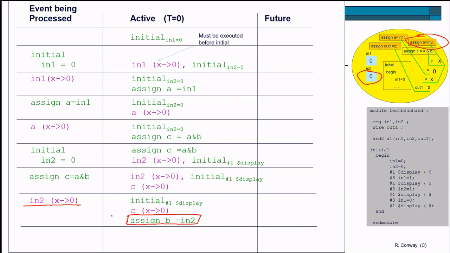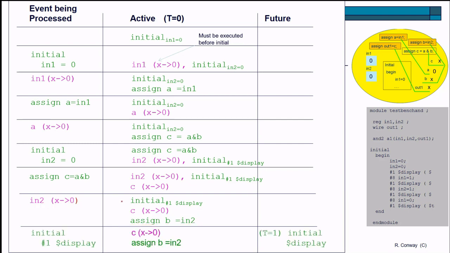And at this point now we have three events. Each is on its own line, which means any one of those can be picked. There's no order associated with these three events. So let's say we take the first event, which is this evaluation event. It's the initial construct at statement #1 string display. So this is the display system task, which just puts some output to an output window.